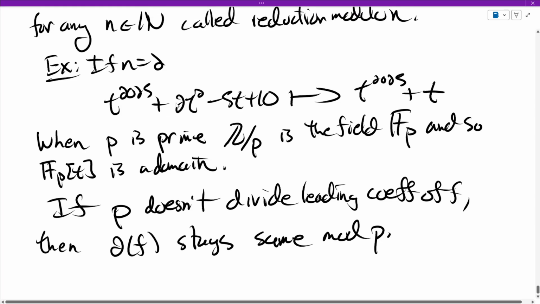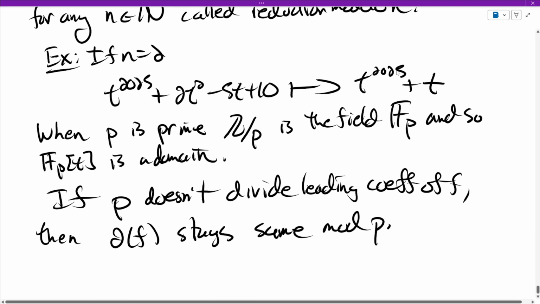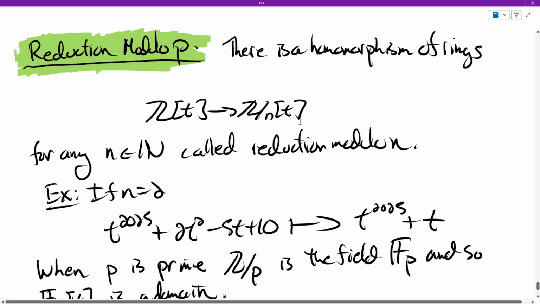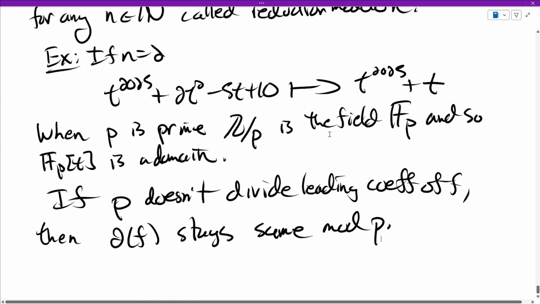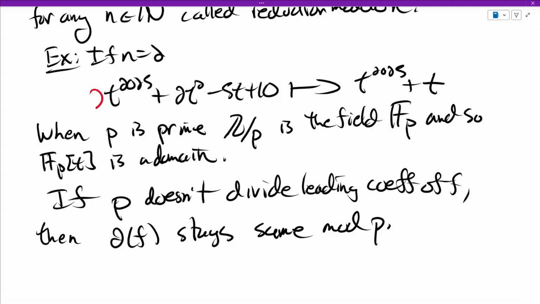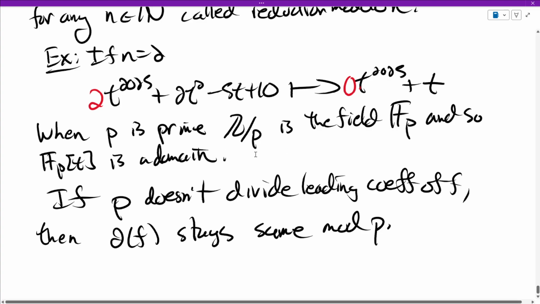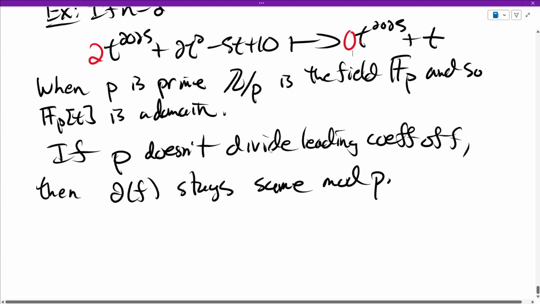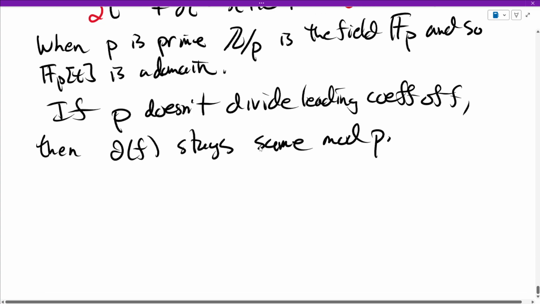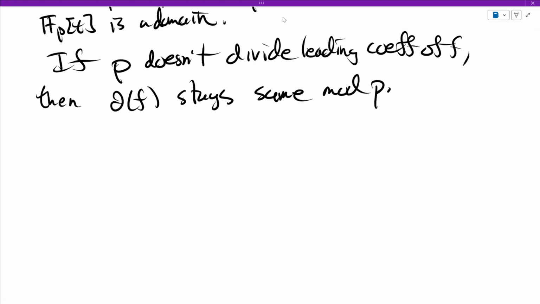It was 2025 in Z adjoin T, and it's 2025 in Z mod 2 adjoin T. So the degree stays the same. If P did divide the coefficient, so suppose I put a 2 here, what happens? Well, that's going to become a 0 now. The degree goes down. So if it doesn't divide, the degree stays the same. If it does, the degree will decrease. But in particular, we're going to look at the case where it doesn't divide. We want this to happen.